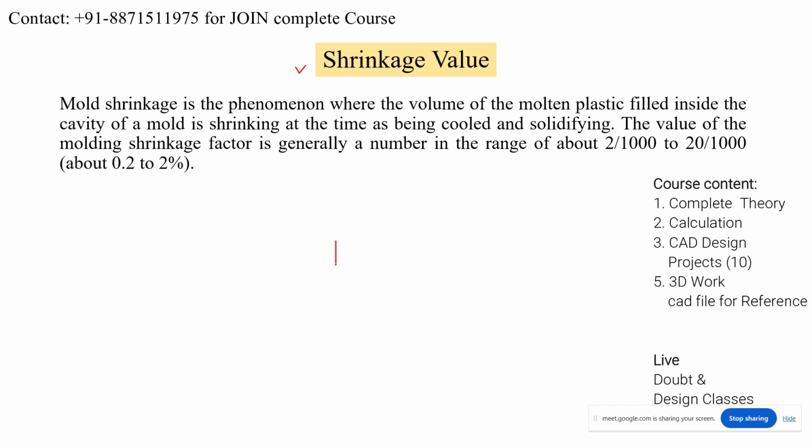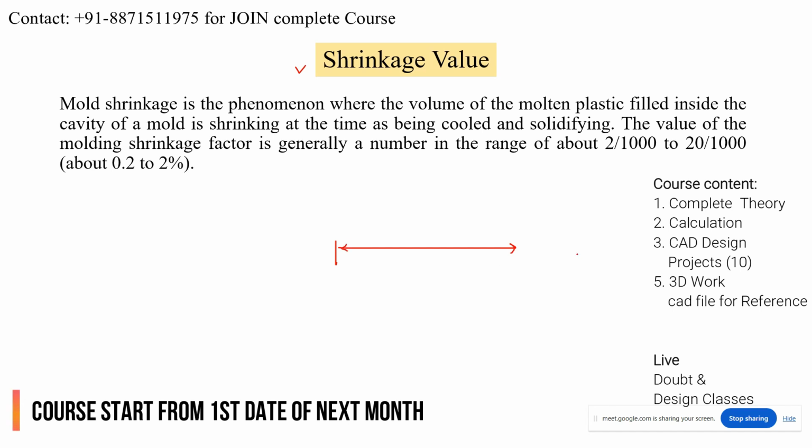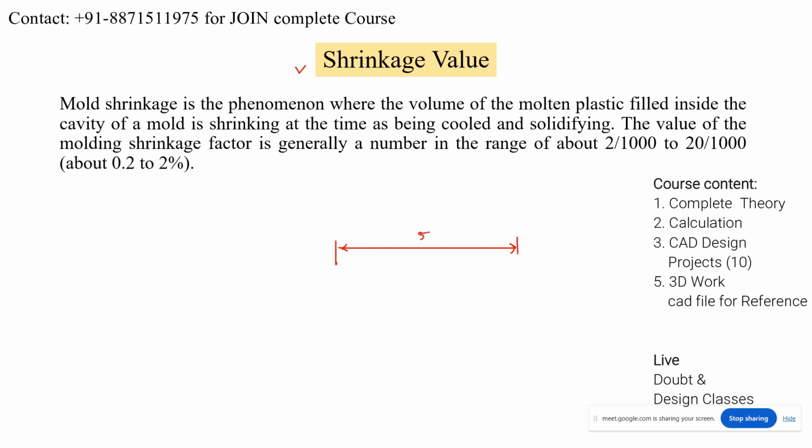Okay, for example, you have seen a few drawings. For example, a 50 mm dimension, which you will get as plus minus 0.1, right? So what is the meaning of that? Yes, it has a 200 micron limit.